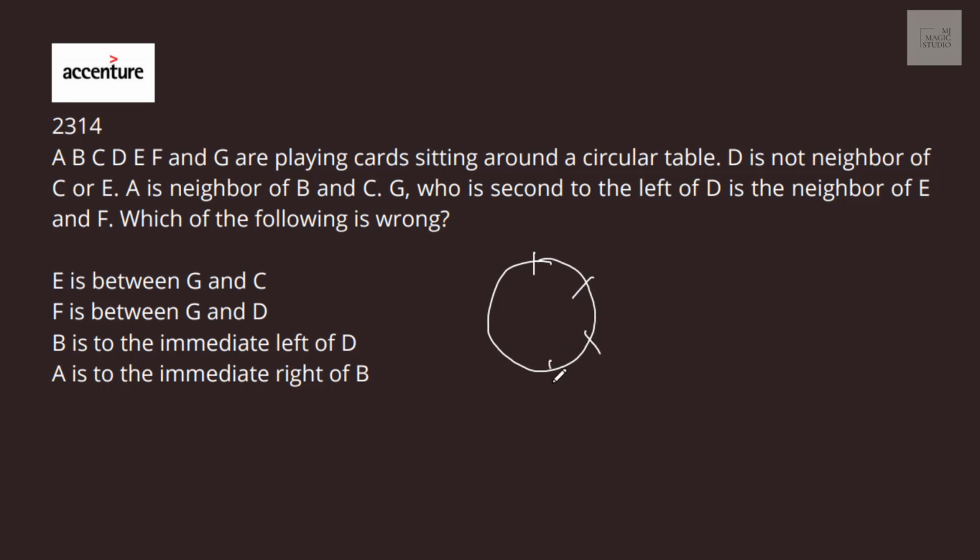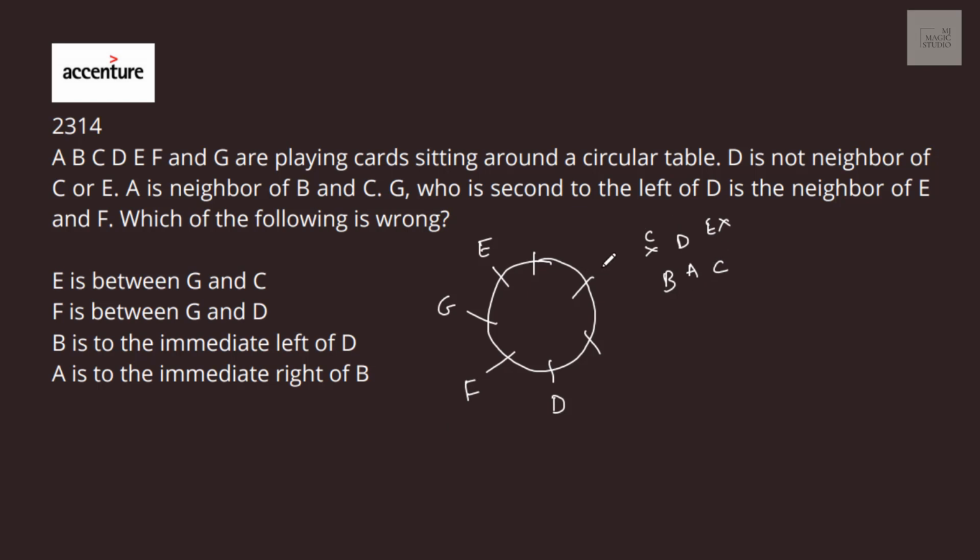D is not a neighbor of C or E. Okay, C or E are not with D. A is a neighbor of B and C. A should be between B and C. G is second to the left of D. So if I put D here, G is second to the left of D. G is the neighbor of E and F. But D is not sitting with E. So here we will have E and here we will have F.